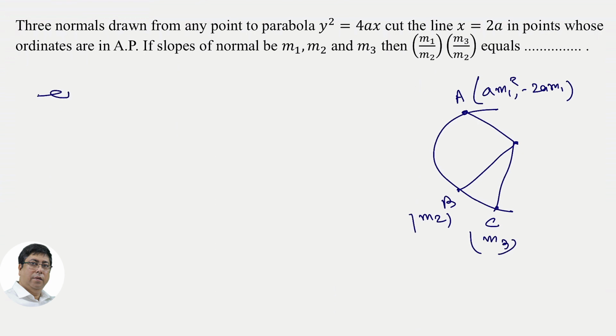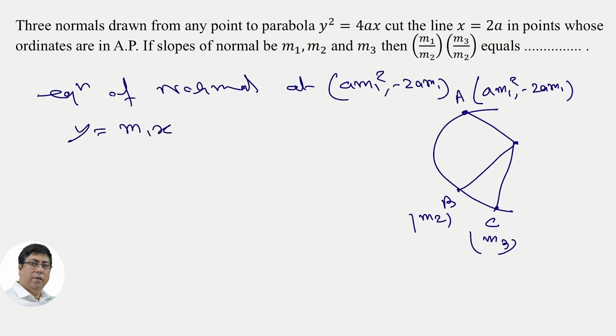Therefore, the equation of the normal at (a m1 square, minus 2a m1) is y equal to mx minus 2am minus am cube. This is the formula for the normal, we know this properly.